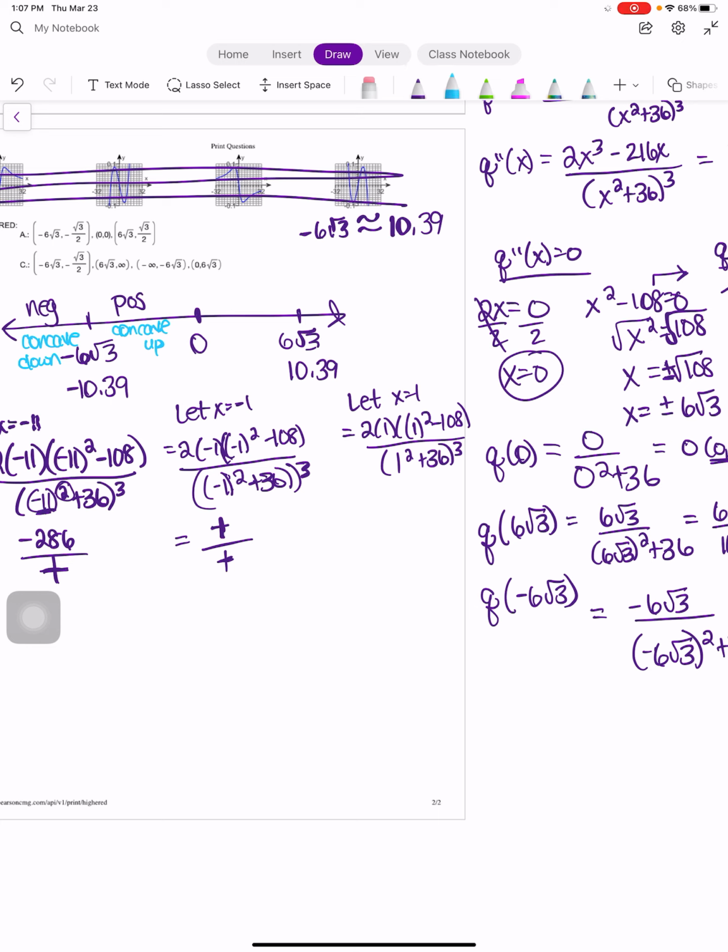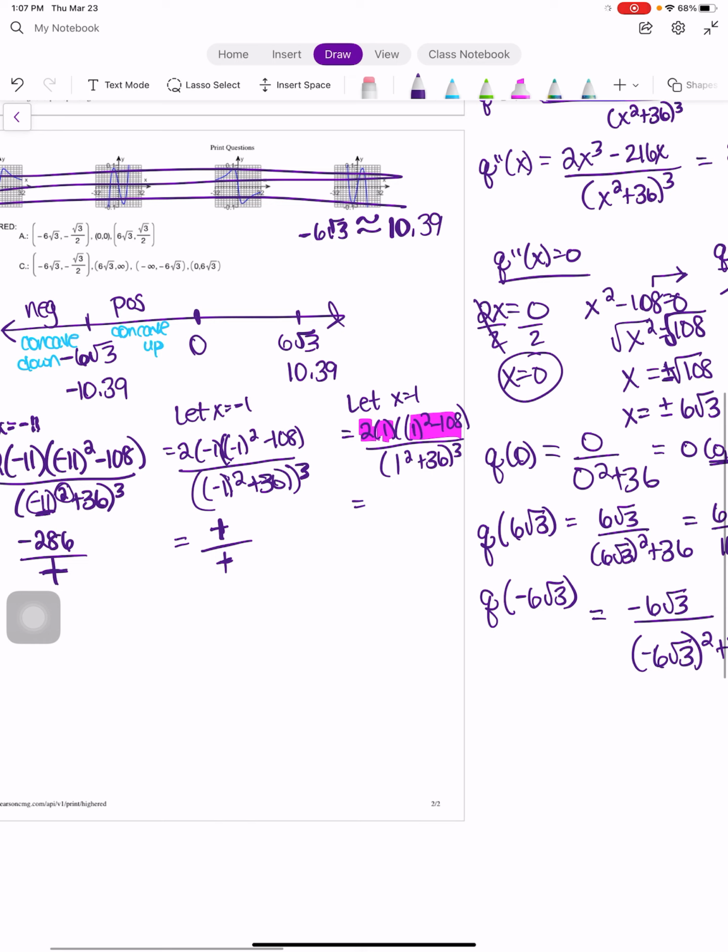So when I look at that numerator, I know that 1 squared minus 108 is negative. All right, so I have a negative times a positive times a positive. So in my numerator, it's going to be negative. My denominator, again, is positive. So that is negative, and so I have concave down.